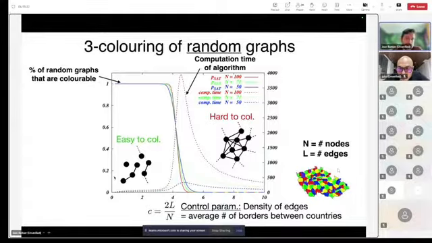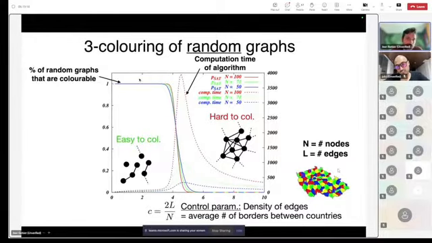And what will happen is the following: the fraction of random graphs drawn according to the distribution at fixed c that you can color will be 1, and then suddenly you have a drop, and then it goes to 0, and you see that this transition becomes more and more sharp as the system size increases. For 50 it is in blue, for 100 in red, it becomes more sharp. And with the replica method, you can predict that this becomes really a discontinuous transition at a precise value that matches the experiments.